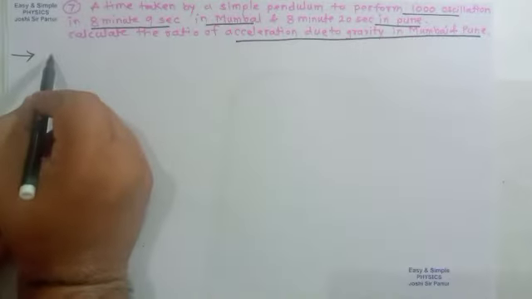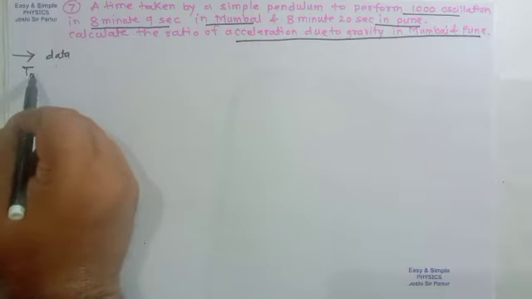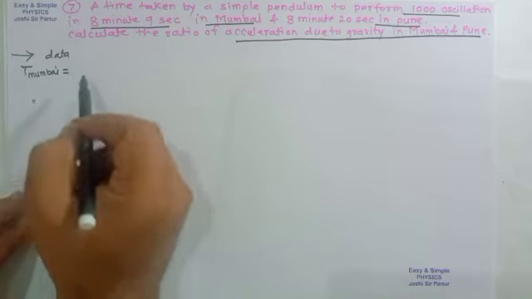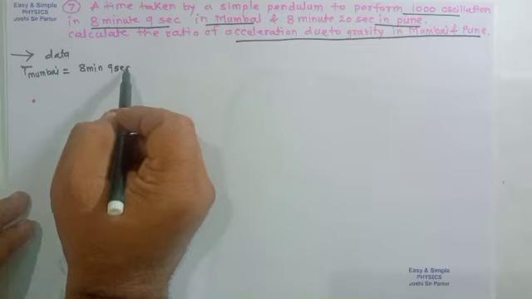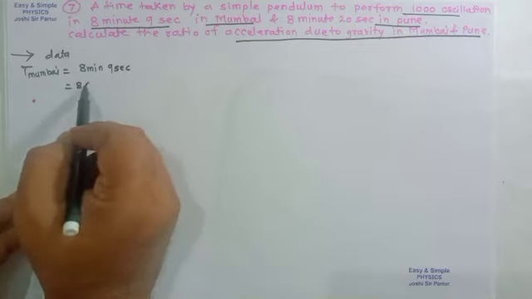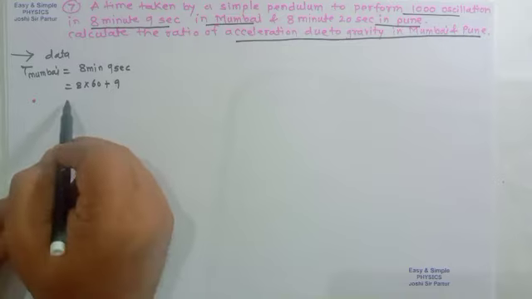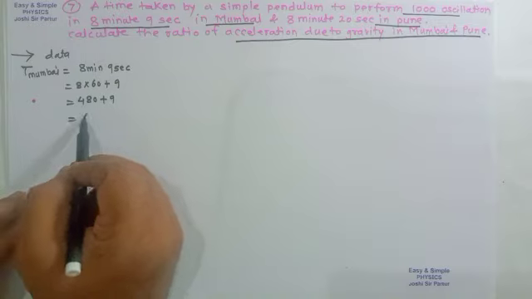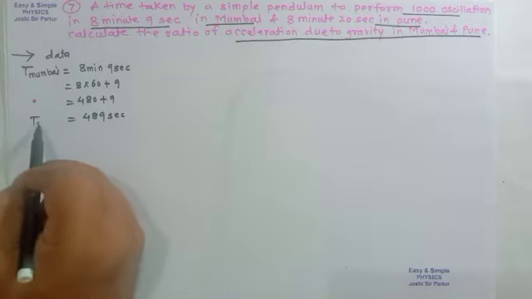So data will be time period in Mumbai: 8 minutes 9 seconds, means 8 multiplied by 60 plus 9, it will be 480 plus 9. It is 489 seconds. That is the time for Mumbai.